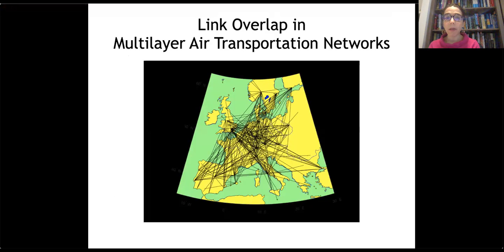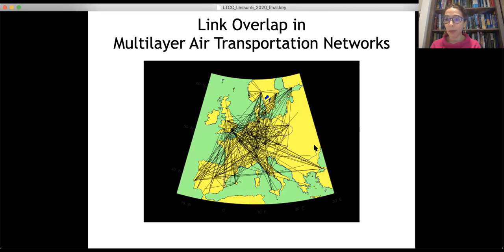Link overlap refers to the tendency of a pair of nodes to be connected in more than one layer. And this is the case of the multilayer air transportation network, where we plotted only the flight connections operated by more than one airline company. As you see, this is a very large part of the connections in Europe.